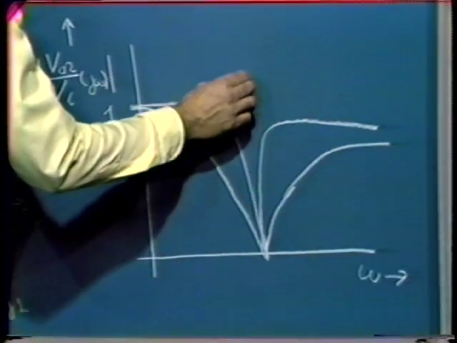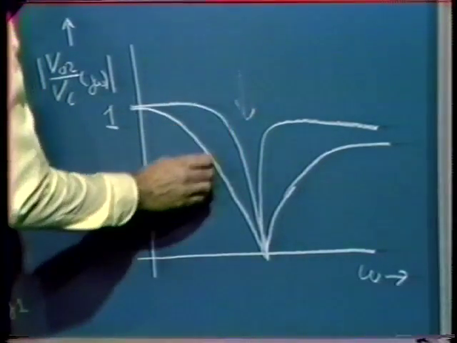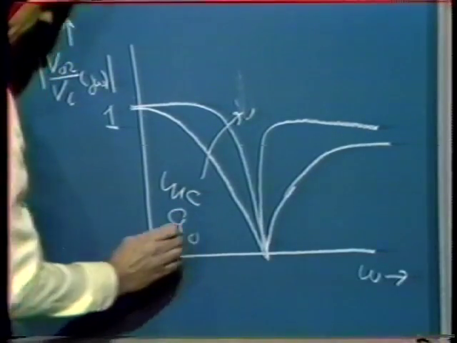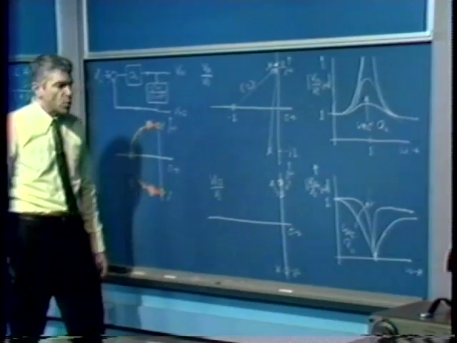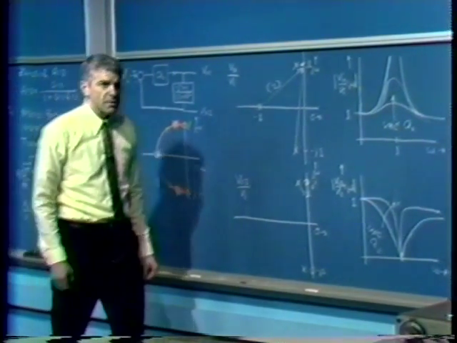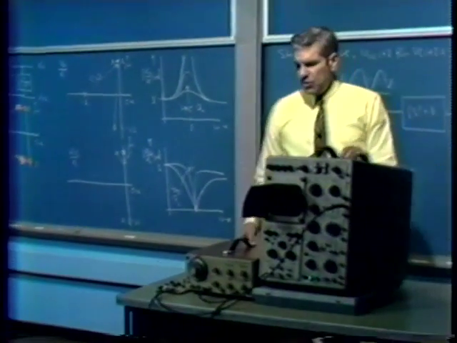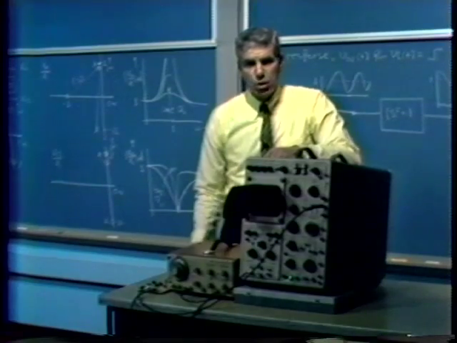And so this is the direction of increasing A naught. As we increase A naught, there becomes a narrower and narrower band of frequencies that we reject. We can build a very, very high quality rejection amplifier using that technique. I have a demonstration that shows this, and I'd like to look at that for a moment.